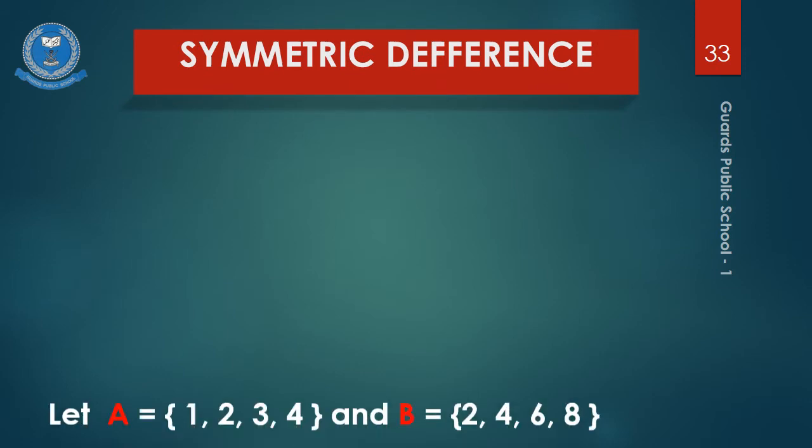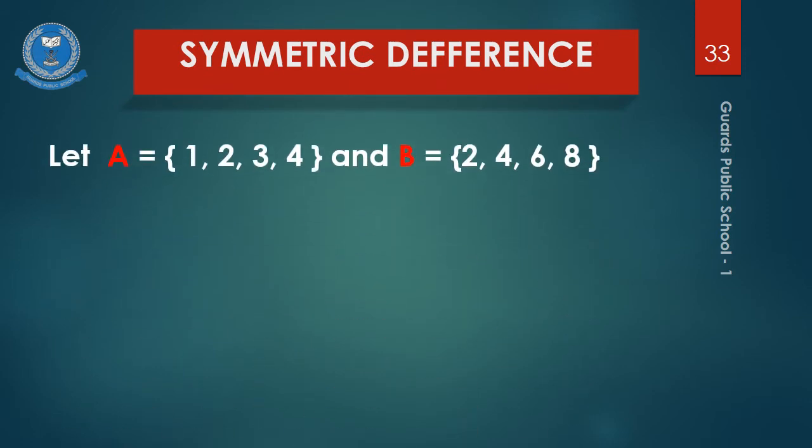Consider the example. Let A is equal to {1, 2, 3, 4} and B is equal to {2, 4, 6, 8}. For finding A symmetric difference B, first list the members of set A with the sign of symmetric difference and then members of set B. Now for A symmetric difference B, we will write the non-common members of two sets.